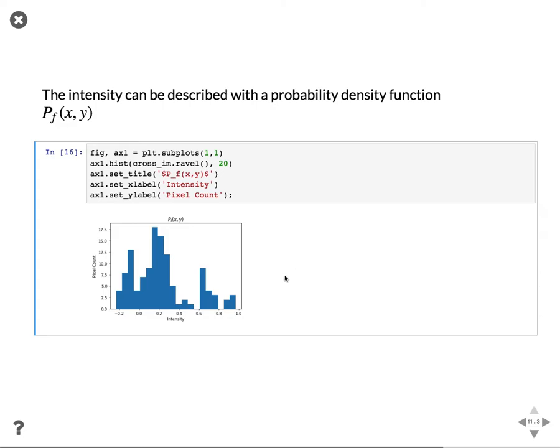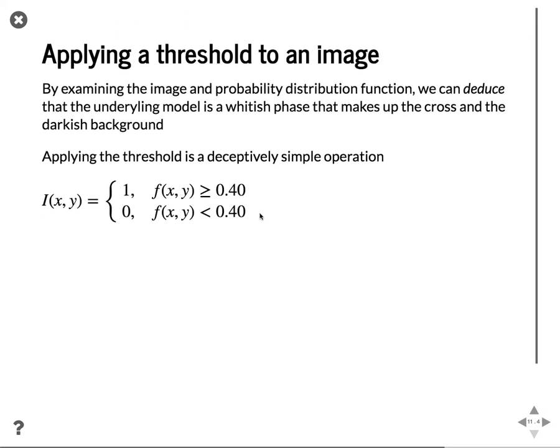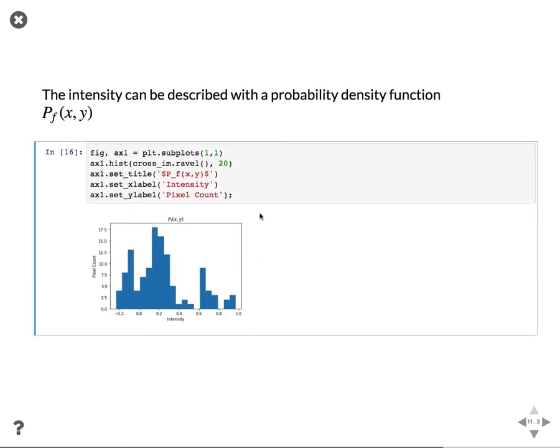What this enables us to see is where the pixels group together and where we might have a separation between this cross and the other pixels. From that, we can then apply a threshold. The threshold is, again, a very simple model where we say 0.4. If we go back, 0.4 was about there.